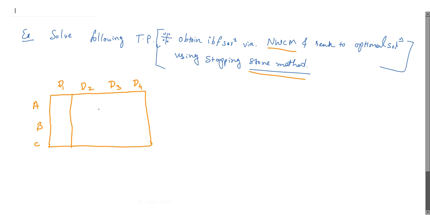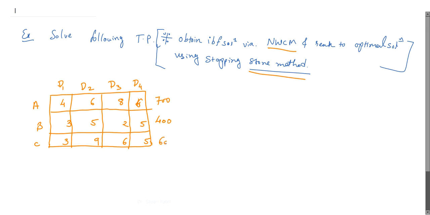The transportation costs are given in this table: 4, 6, 8, and 6 for A; 3, 5, 2, and 5 for B; 3, 9, 6, and 5 for C. The production at A is 700 units, at B it is 400, and at C it is 600.